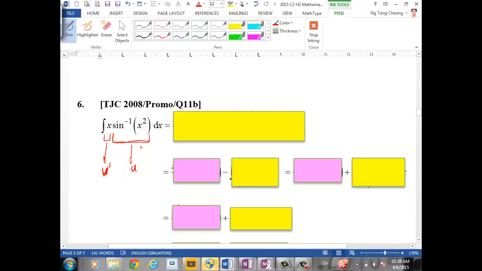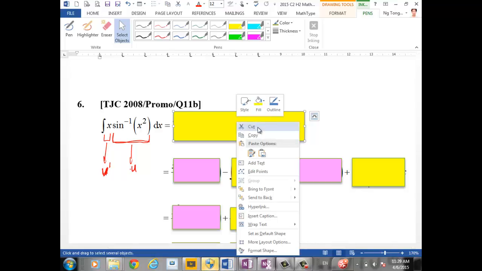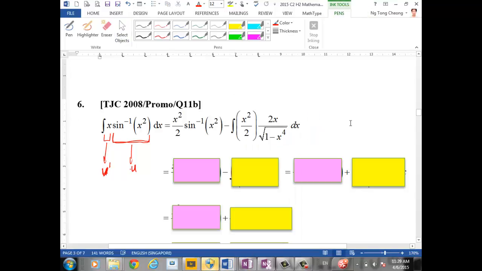Again, you work out using your integration by parts formula. If you're not so sure how to differentiate sine inverse, refer to your formula list now. Don't forget there's an x squared term here.